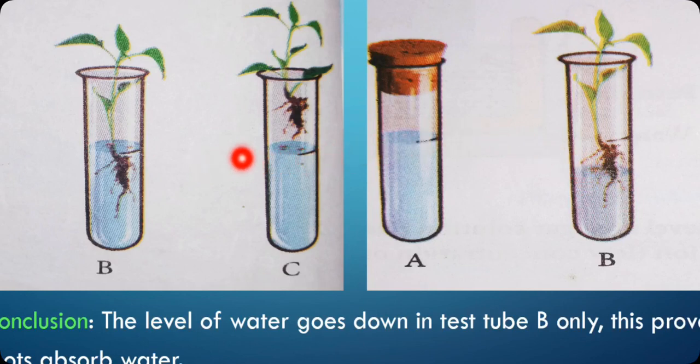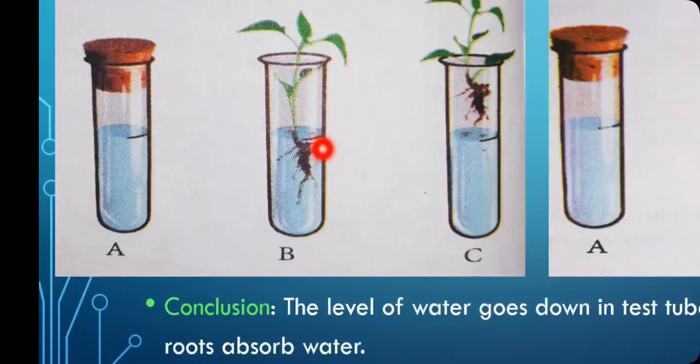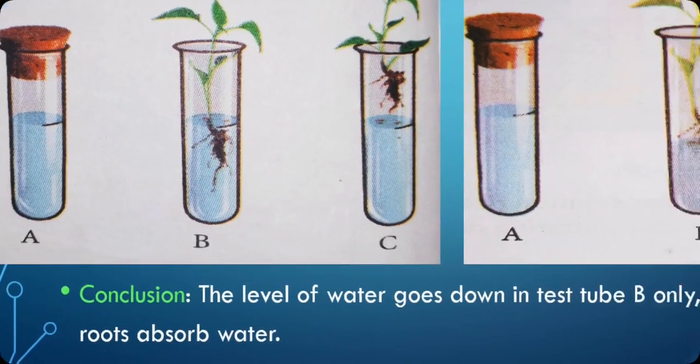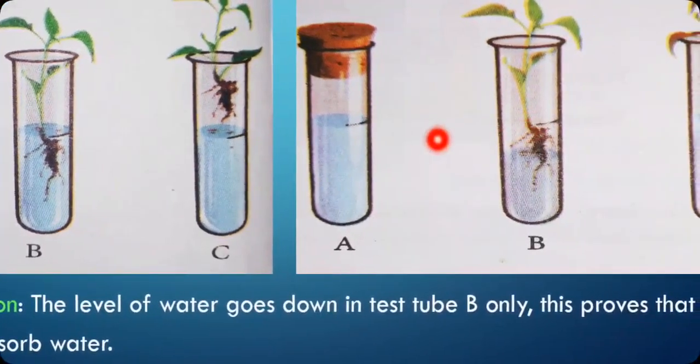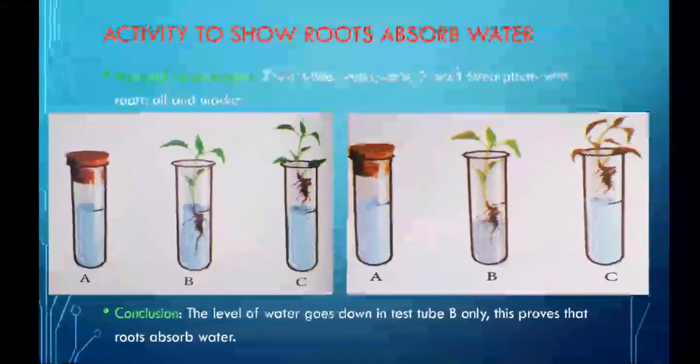You can also do one thing: in the starting, you can mark the level of water in all these test tubes with the help of a marker, so that it will give you an easy comparison. Here you can see the level of water is marked, and this much water is used by the roots. So from this activity, what we can conclude is that the roots are the ones which absorb water, isn't it?